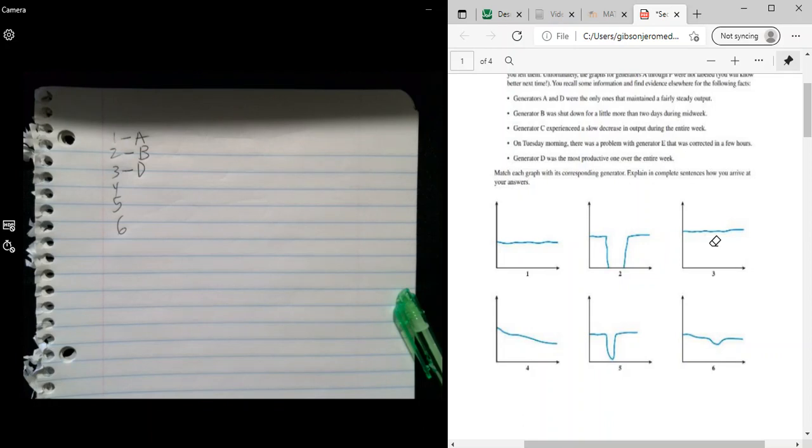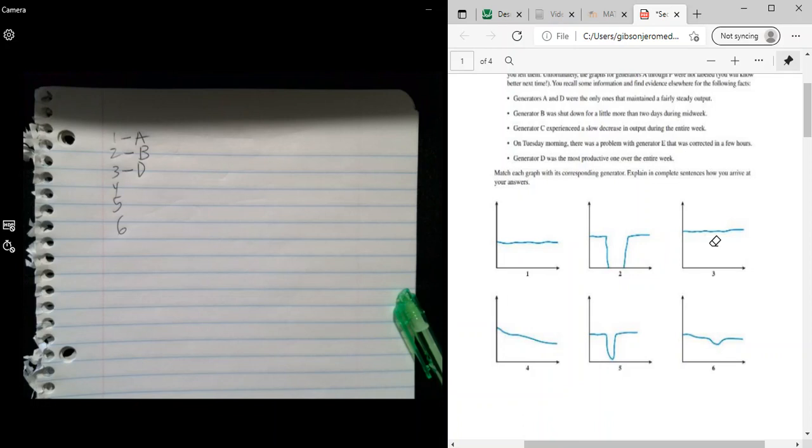Generator C experienced a slow decrease in output during the entire week. Now, if you look at these last 3, which one seems to show a slow decrease in output during the entire week? All right, so I think that would be 4 because it has a slower rate over the week.